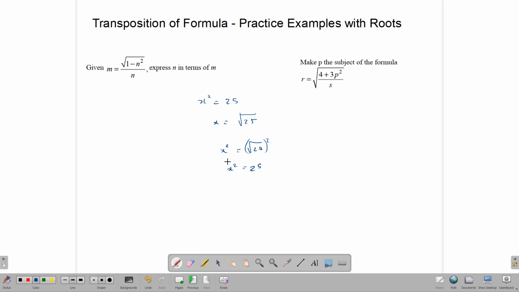One undoes the other. So the opposite of a root is a square, and the opposite of a square is a root. Saying that, in this question, the first thing we need to do is get rid of the root sign. And the way we get rid of the root sign is to square everything.